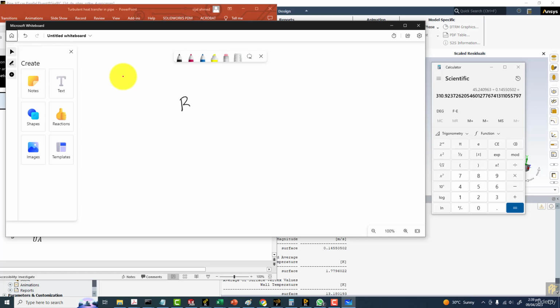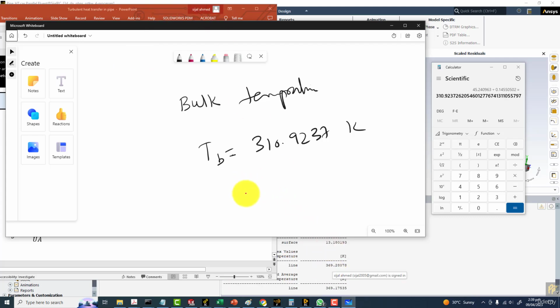So the bulk temperature, or mixing temperature, is equal to 310.9237 Kelvin. Okay, and we also determined that the surface temperature is based on the vortex.